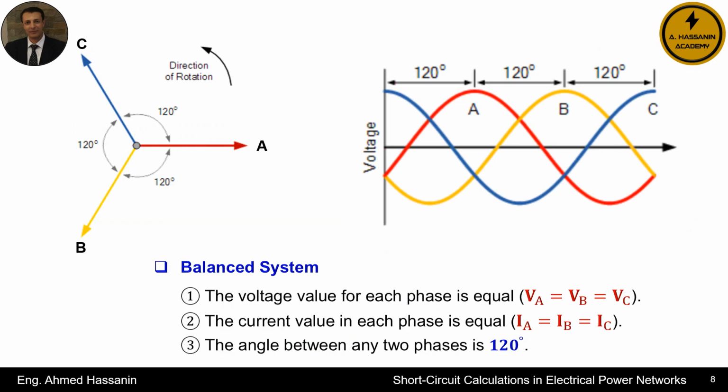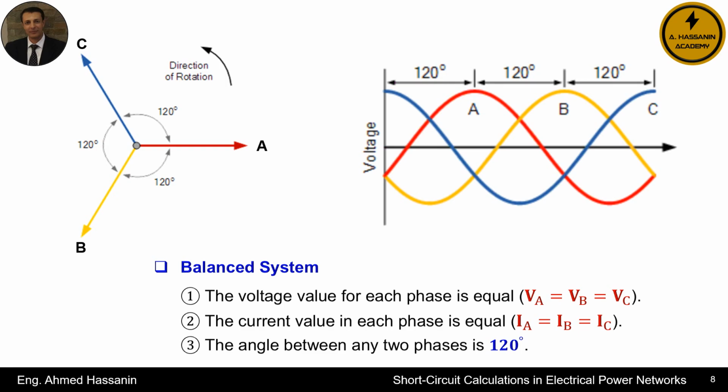So, power generation plants are expected to produce electricity in a balanced system. This means that the voltage magnitudes of all phases are the same. The current magnitudes in each phase or line are also equal, and the phase angle between any two phases is 120 degrees.